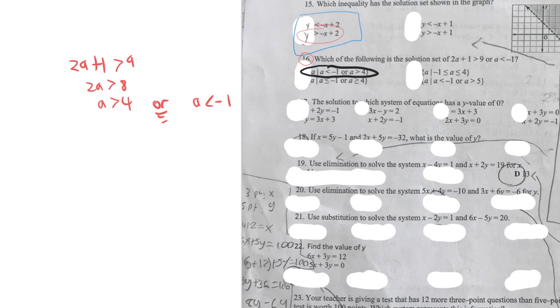Okay, so looking at the next one, the solution to which system of equations has a y value of 0? So let's take a look here. What you could do is you could substitute 0 in for y for all of these, and then just see if you end up with, we could say, a reasonable situation.